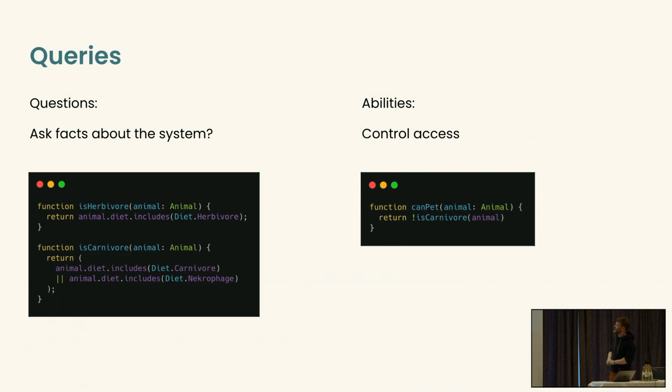Maybe, if this is not a carnivore, because maybe then the animal tries to eat you. Even though you see that it's a one-line function, you can expect to have hundreds of them. And it's fine. That's the expected case. You see all of the questions, all of the controls and the abilities, etc.